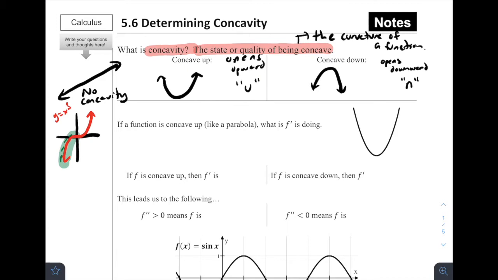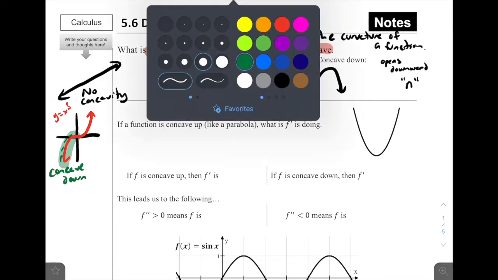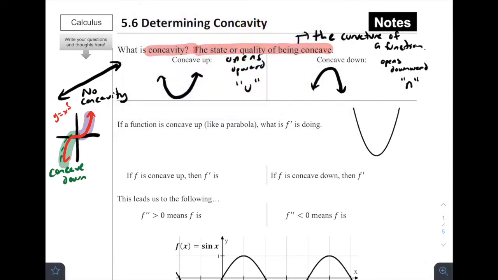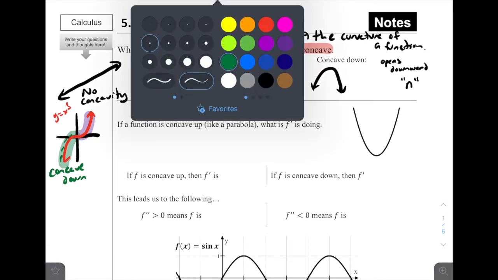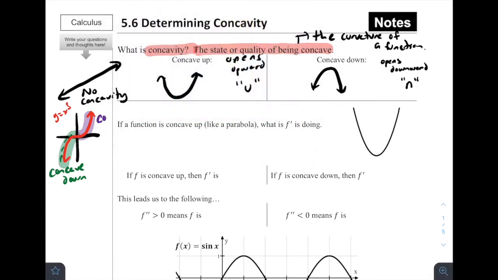So this is a part that is concave down, while this part up here, which I'll put in purple, is U-shaped, and that is concave up. So a given function can be concave down and concave up on different parts of its domain. Any given interval needs to be one or the other.